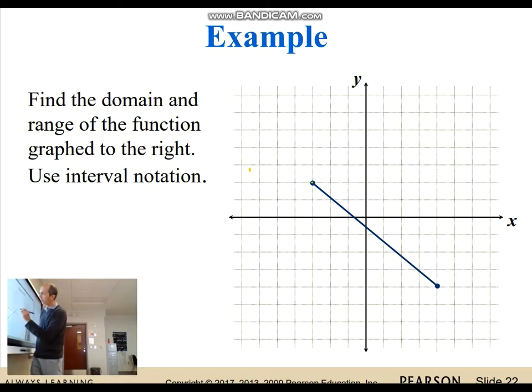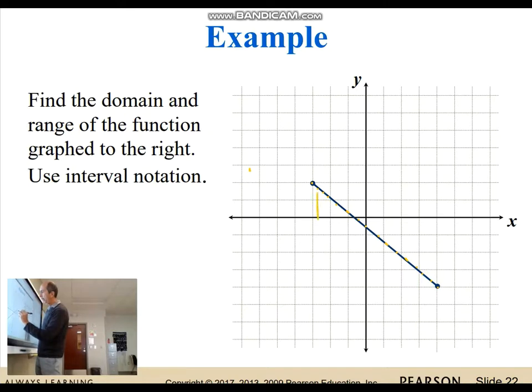It starts, let's say, this is one of the endpoints, this is the other one of the endpoints. And to find the domain, we're going to find the x coordinates of the points included in this line. The points are all over here along the line, right?